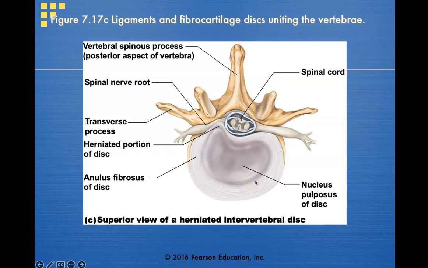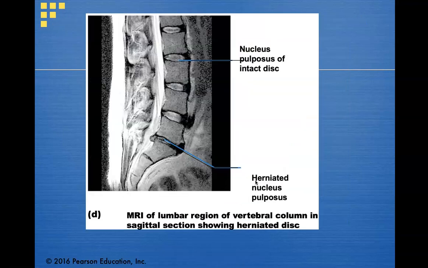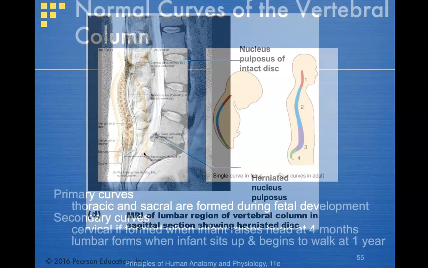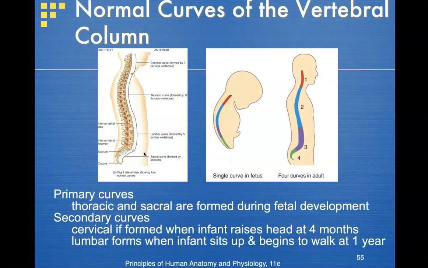I have another image of this towards the end when we talk about the clinical aspects of the vertebral column. But here you can see a herniated nucleus pulposus, or what we call a herniated disc. You can see the intact discs here, and then here you can see the protrusion of that nucleus pulposus into the spinal canal, and it would compress those spinal nerves, and you can see how it could be quite painful.